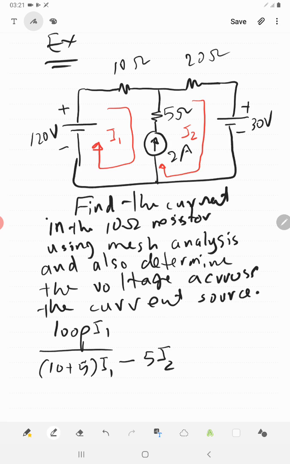Is equal to what we have, plus 120, but don't forget the current source. We don't know the voltage across the current source. So what we do, we come to the current source and say we may have a voltage here, let's call it Vx.